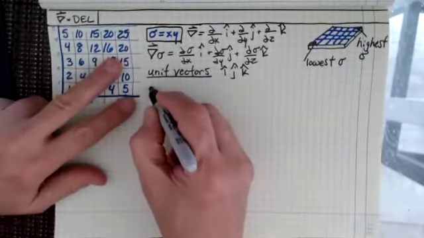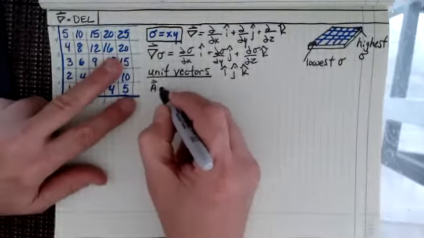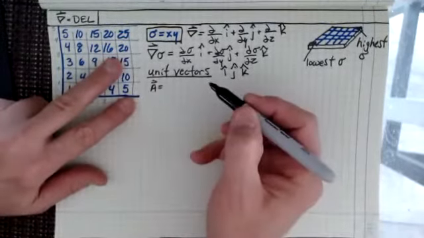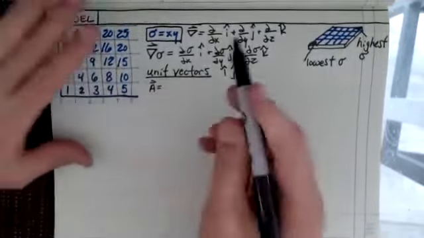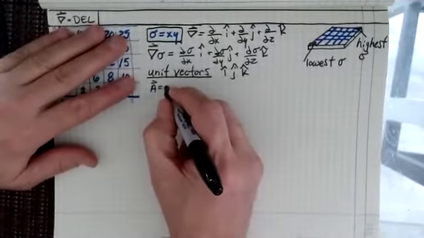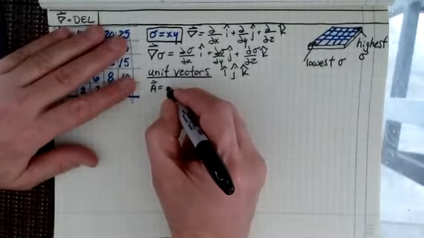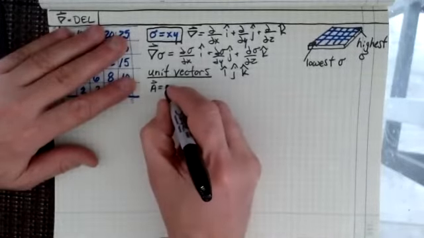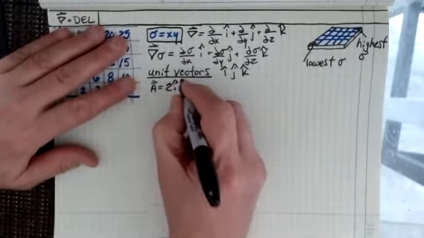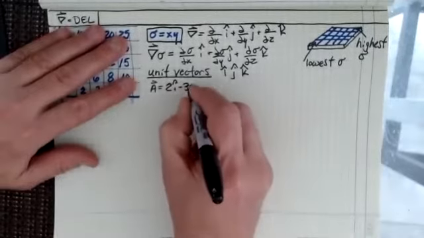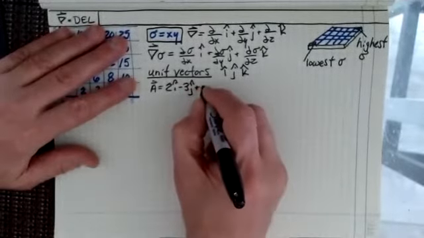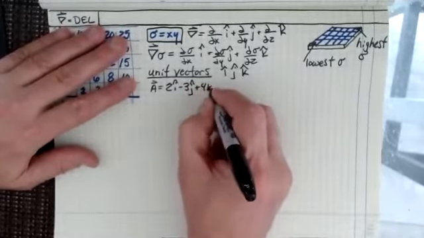Well, let's just take any vector. Give me some numbers. Oh, that's right, you can't because you're not here. Well, I'm going to say it's 2I hat minus 3J hat plus 4K hat. How about that?